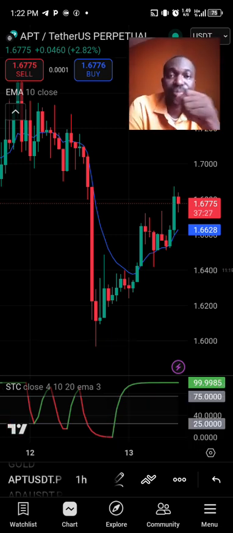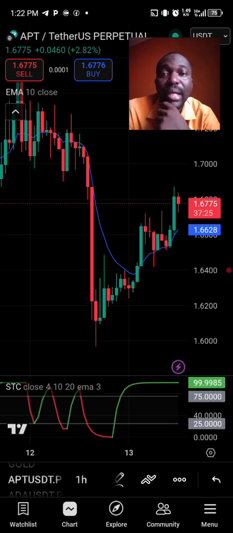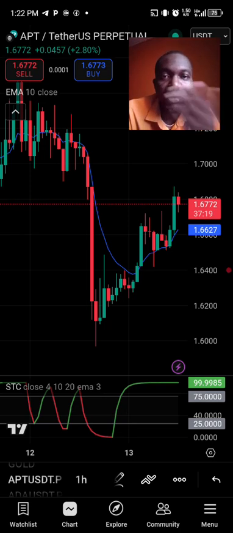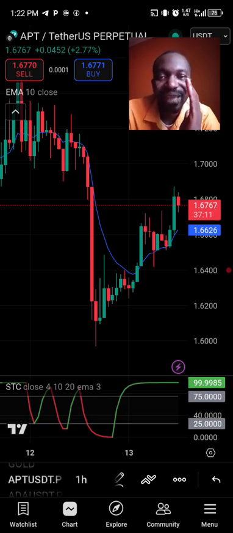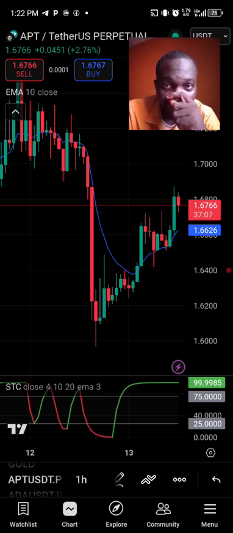Okay, so we've been able to set up our EMA that measures 10 candles on any time frame. It might be daily, 1 hour, 15 minutes, 5 minutes, doesn't matter. We have programmed it to calculate the averages for 10 candles. That's what is called the EMA, the exponential moving average.